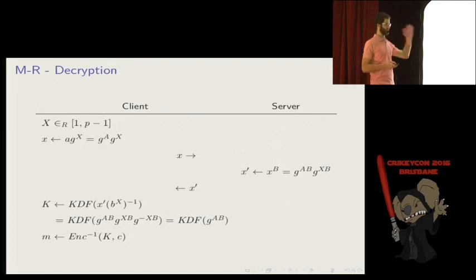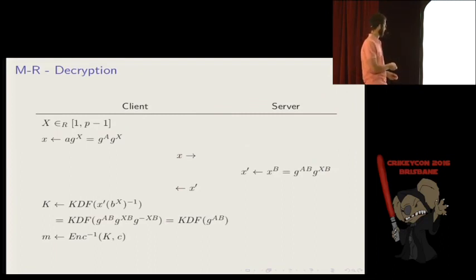The client transmits that to the server in a decryption request, and the server basically encrypts this with the server's private key, capital B here, which results in this value, X prime, which is g to the ab times g to the xb, and transmits X prime back to the client.